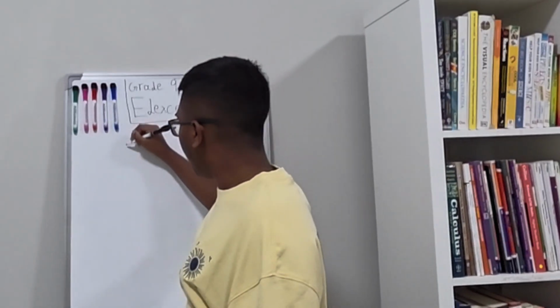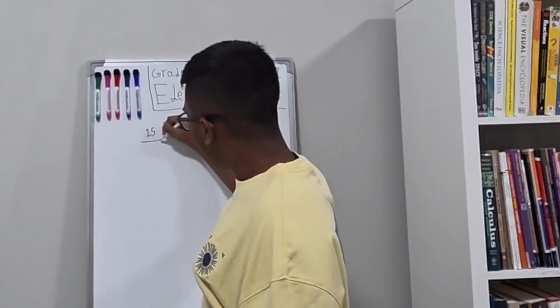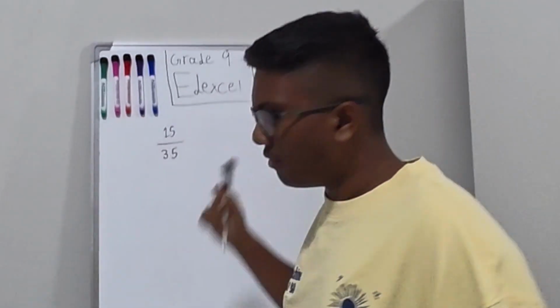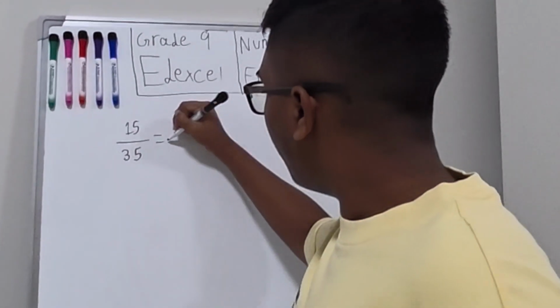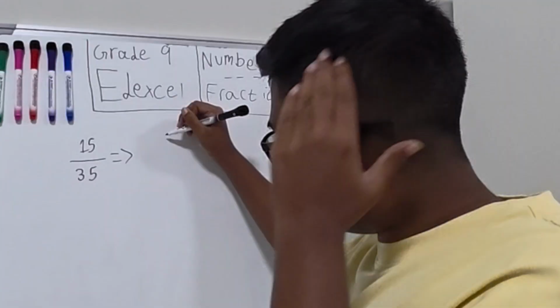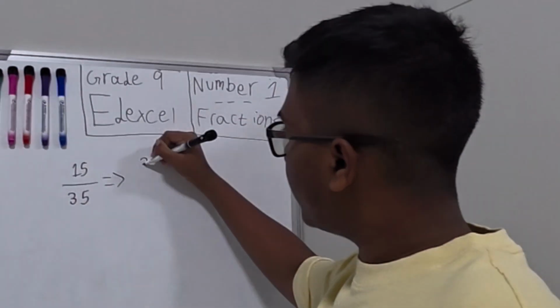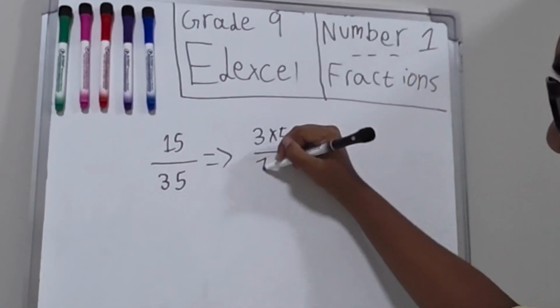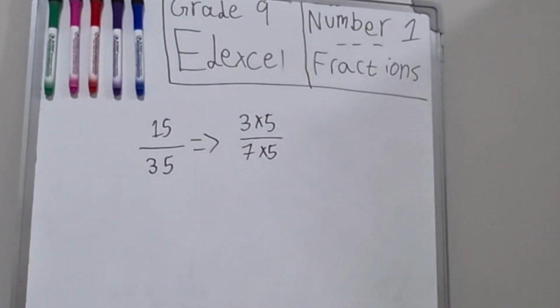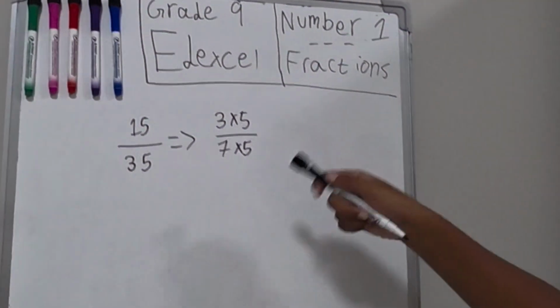Basically, let's take an example. 15 divided by 35. Like the prior example. Now, 15 is equal to 3 times 5. And 35, as we all know, is equal to 7 times 5. So, we have a common factor here.